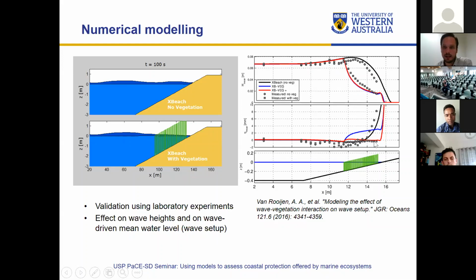But in the data, these squares, there's basically no increase in water level, and our original model was the blue one that didn't predict that. But with the implementation we did, we could account for that. So it's another important effect, because if your mean water level is also lower, that's a double effect, because that will also make sure that the wave run-up will be less and that the waves are dissipated more.